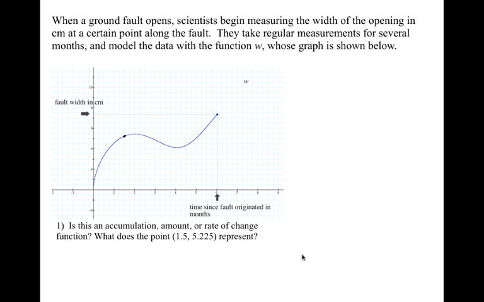Net accumulation. Okay, and what does the point 1.5, 5.225 represent? Where's Bager? Carabay. What does that point, that ordered pair, 1.5, 5.225 represent? Okay, so what was the 1.5 again?